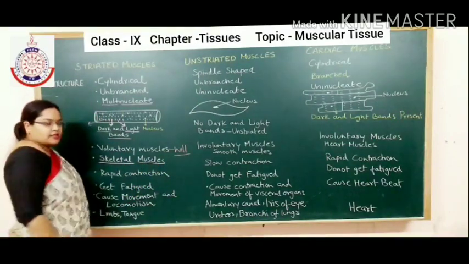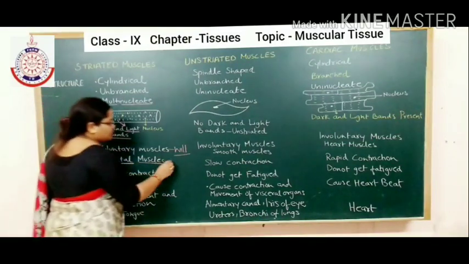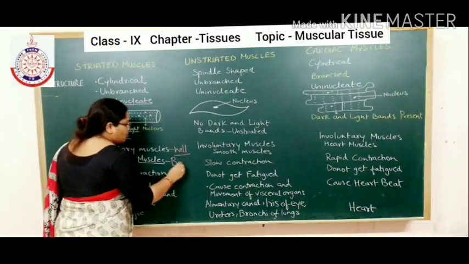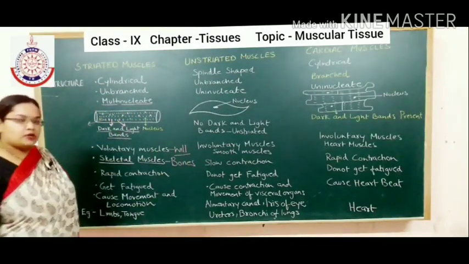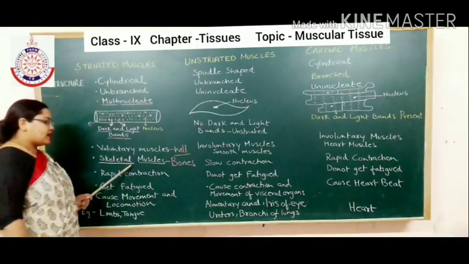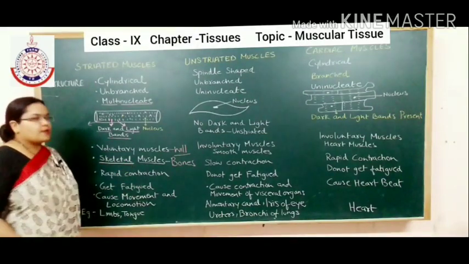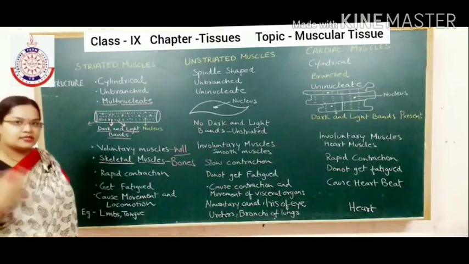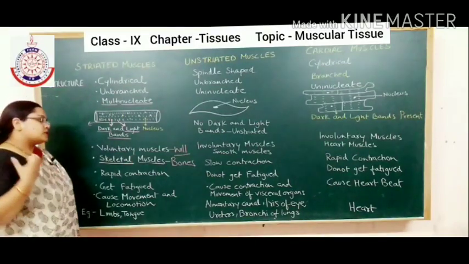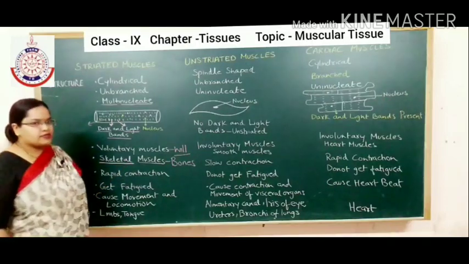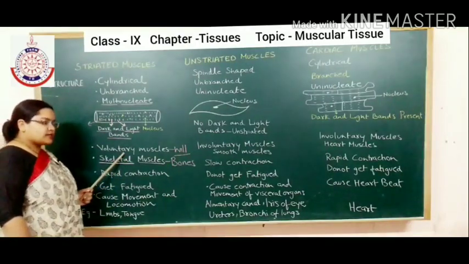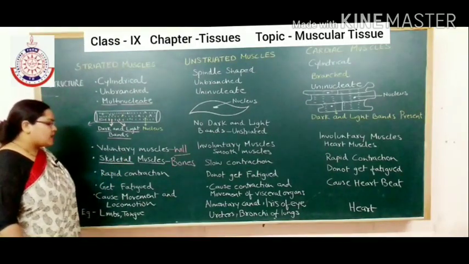Why? Because these muscles are joined to bones and they help in movement and locomotion. They are attached to the skeleton of our body, so they are known as skeletal muscles.